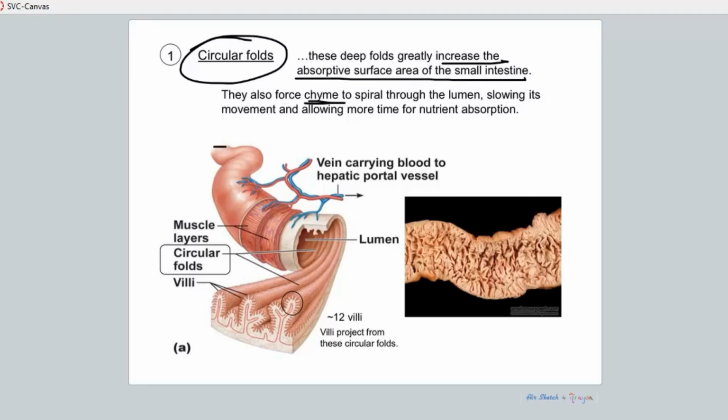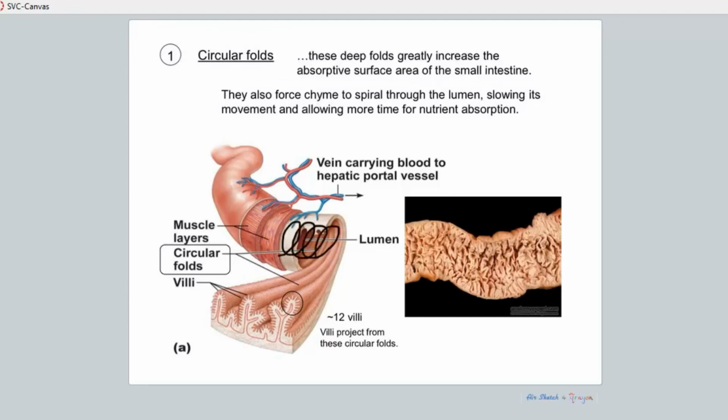So instead of chyme just rushing through there real quickly, it gets caught in these folds and it spirals, to kind of auger its way through the small intestine, which slows its movement and allows much more time for nutrient absorption. So those are the circular folds, and you can see those folds there in this illustration.